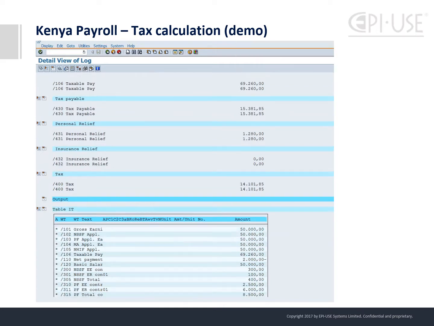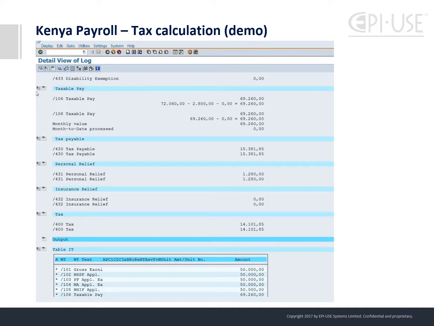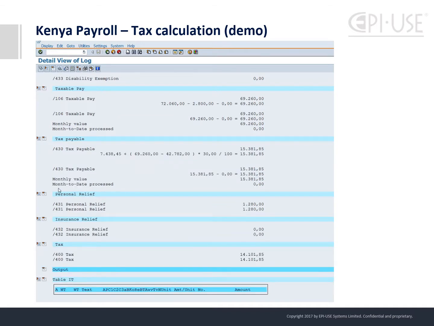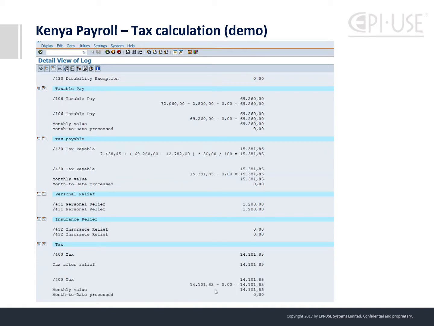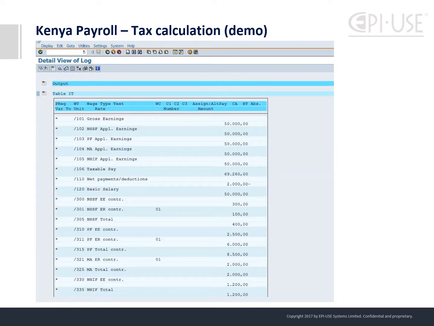Look at my benefits, and if I look at taxable pay, how that was made up, tax payable, and then if there's any personal or insurance relief, and then I can see how tax is calculated. And then in my output table, I will find all the tax-related wage types.